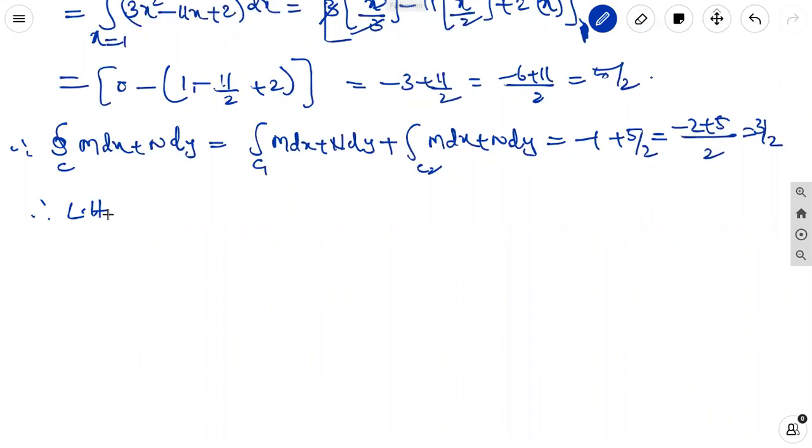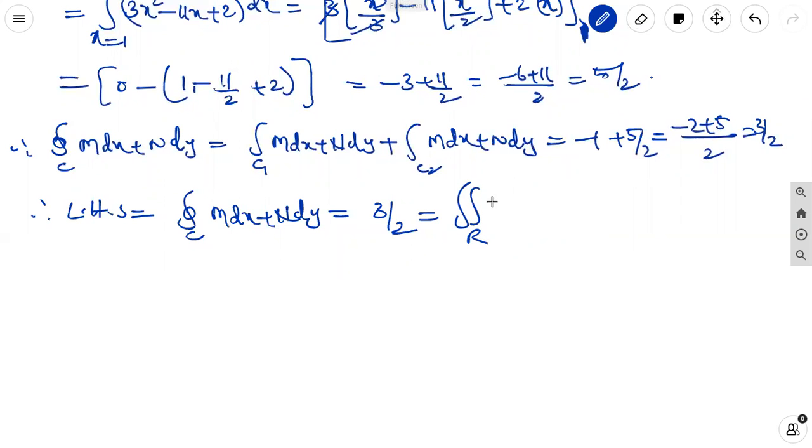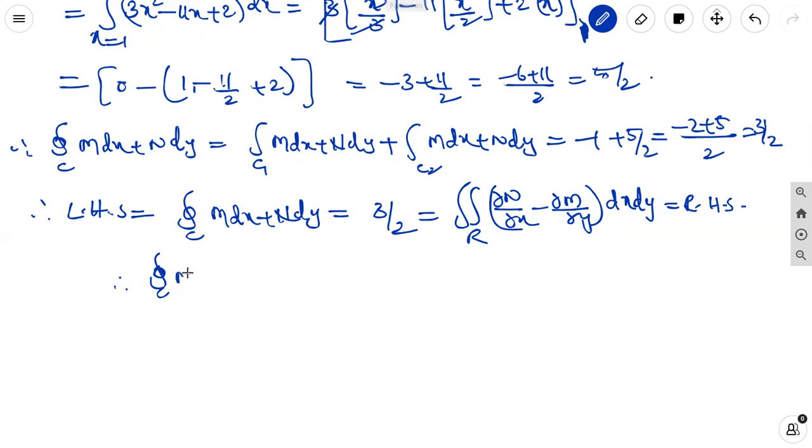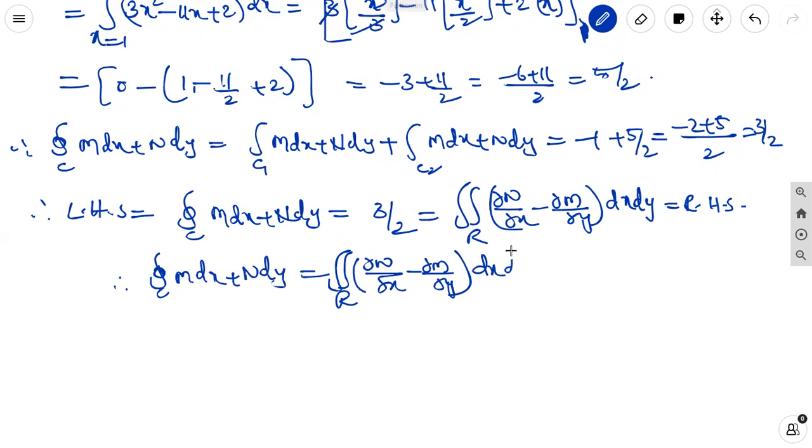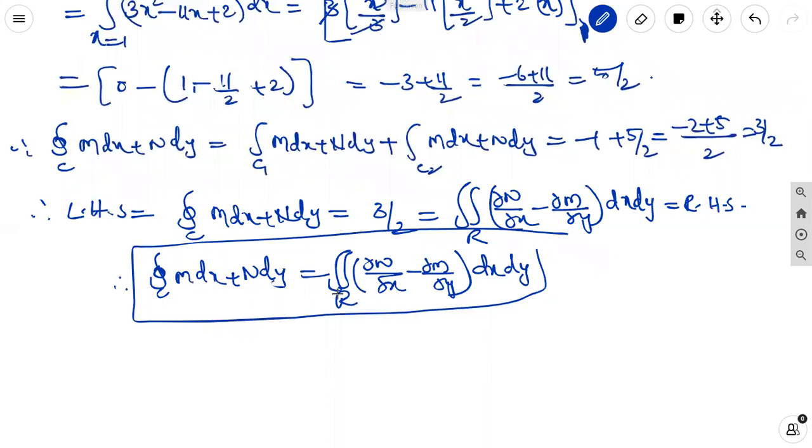Therefore, LHS is equal to the integral over closed curve C of Mdx plus Ndy, which is 3 by 2. It is equal to the double integral over region R of dou N by dou x minus dou M by dou y into dx dy, which is RHS. Therefore, the integral over C of Mdx plus Ndy is equal to the double integral over R of dou N by dou x minus dou M by dou y into dx dy. Hence, Green's theorem is verified.